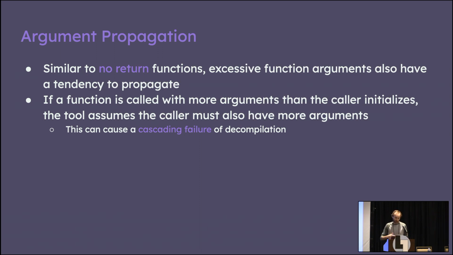So not only does the first function you've lied about now take 100 arguments, but the one that called it may also take 100 arguments, because that's the only way to square that assumption. And so when we talk about this excessive argument count breaking the decompiler, you can cause a cascading failure where every function that calls that function now breaks, et cetera.